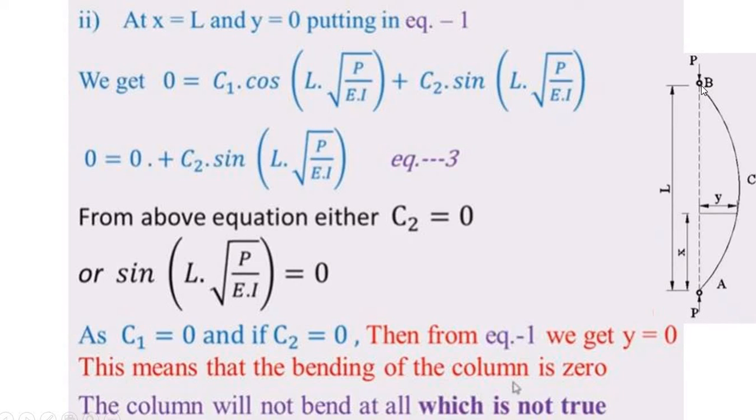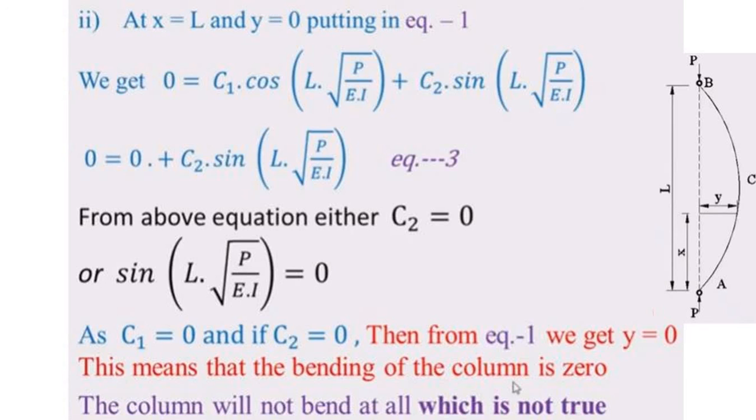Now, the second end condition, that is at point B. At point B, the value of x equal to capital L and the corresponding value for y equal to 0. Now substitute these values in equation number 1 and solving the equation, you will finally get 0 equal to 0 plus c2 into sine of L into under root P by EI. That is considered as equation number 3.